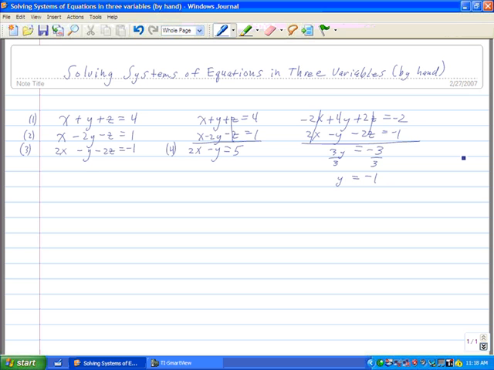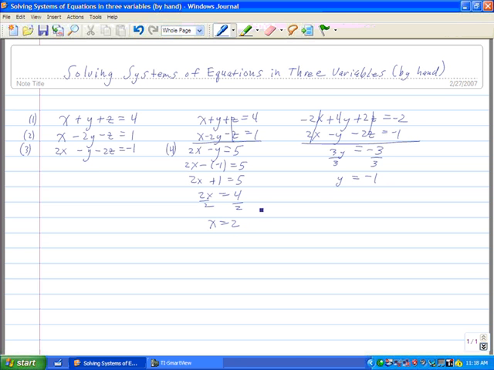I can take this negative 1 and back substitute in for y, and I'll have 2x minus negative 1 equaling 5, which is 2x plus 1 equaling 5. Subtract the 1. I get 2x equaling 4. When I divide, I get x equaling 2.